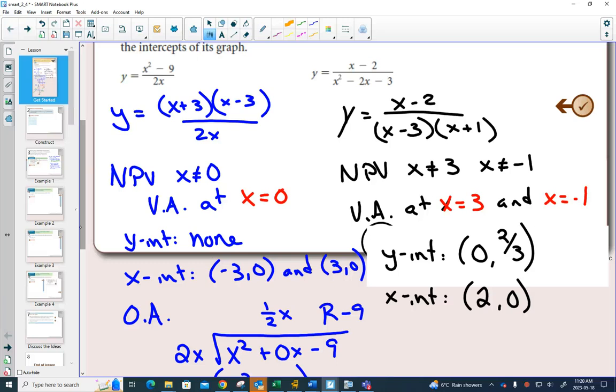If we are graphing this, we also need to find out if there are horizontal asymptotes. This is the situation where the degree is bigger in your denominator. And anytime your degree is bigger in your denominator, you will have an asymptote at y equals 0.